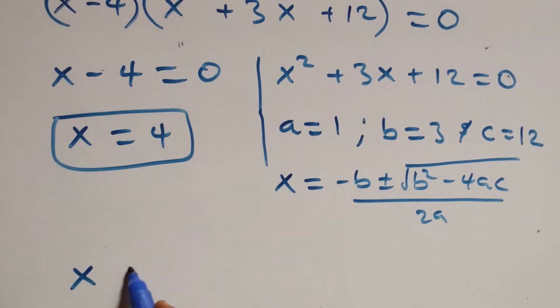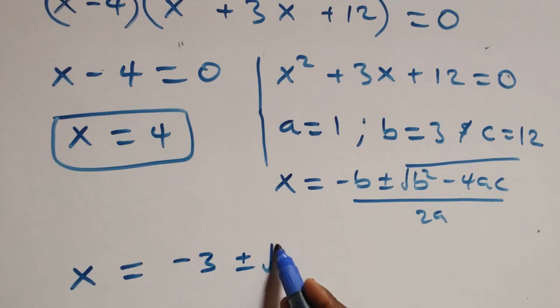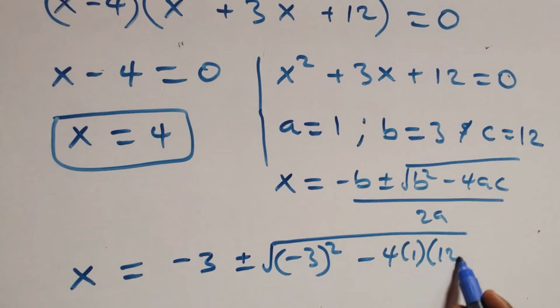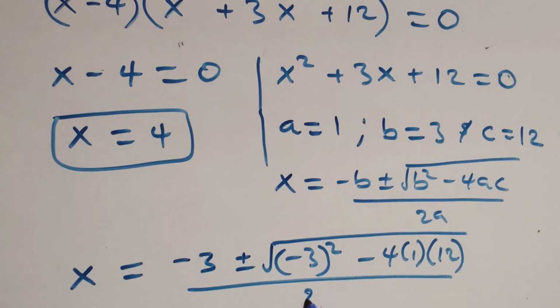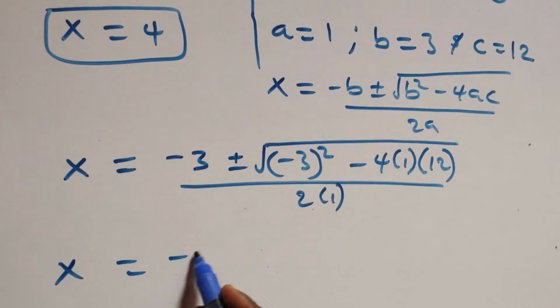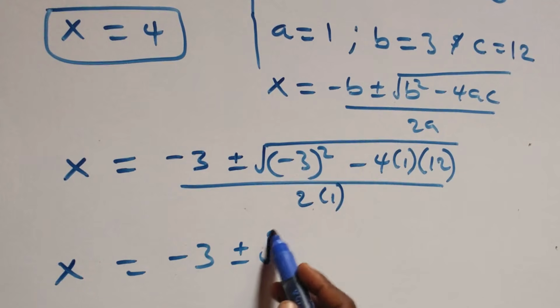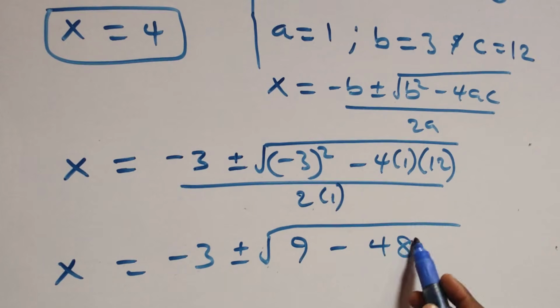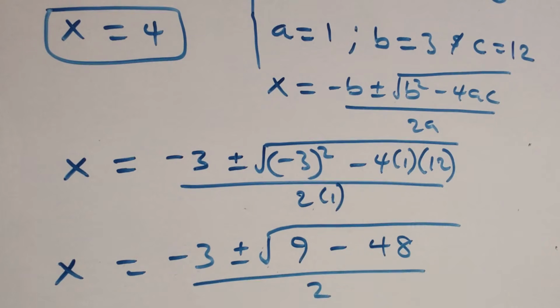And here we have x equals to minus 3 plus or minus square root of 3 squared minus 4 times 1 times 12 all over 2 times 1. And this here we have x equals to minus 3 plus or minus square root of 3 squared, that's 9, minus 4 times 1 times 12, that gives us 48, then all over 2 here.